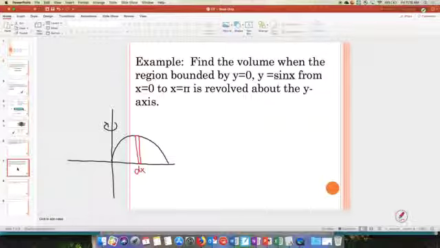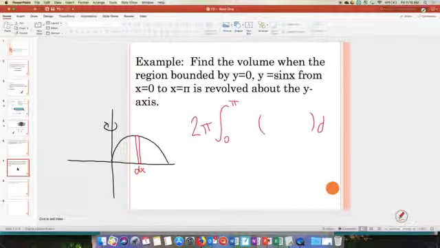Our shell method is 2 pi integral of radius times height, thickness dx. All of our rectangles are x away from the y-axis.